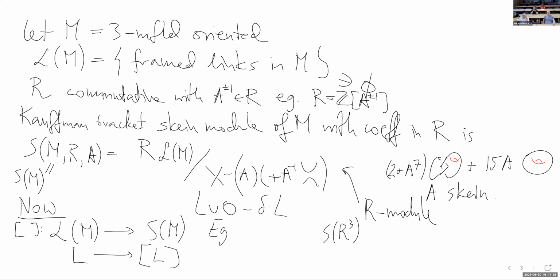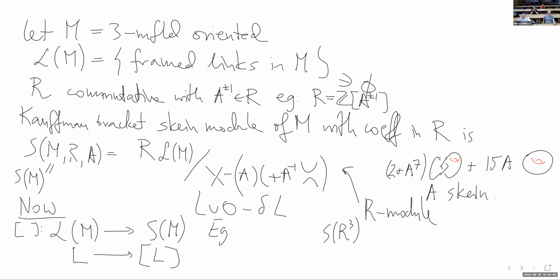So what is S of R3? Well, first of all, notice that the way it's built, each link in R3 can be reduced by this relation to the empty one. First of all, to unlinks, and then you can eliminate all the loops by producing delta using this relation. So I want you to observe that it's going to be really generated by the empty link. Do you agree?